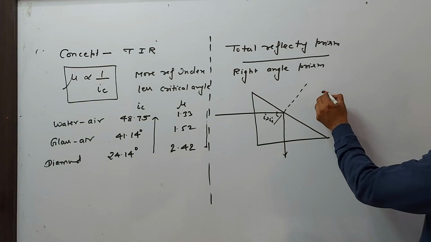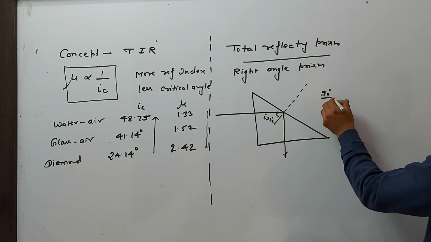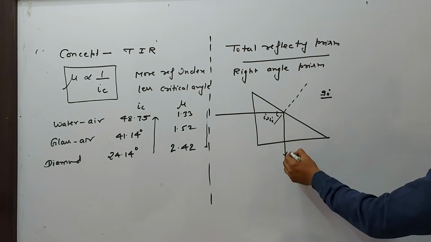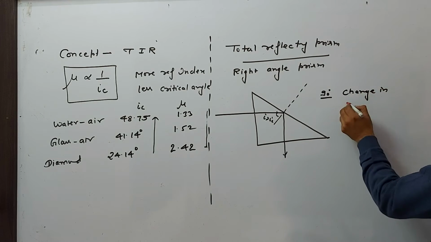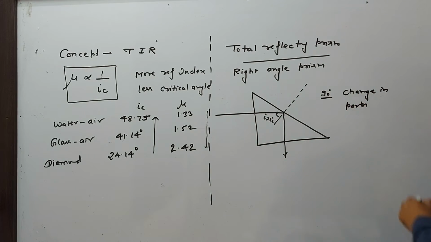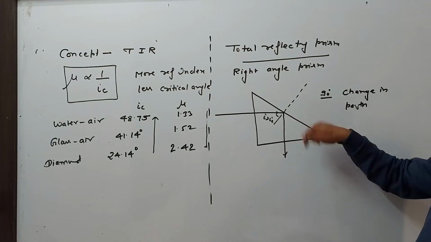So we have a 90 degree change in the path, or you can say 90 degree reflection is there.